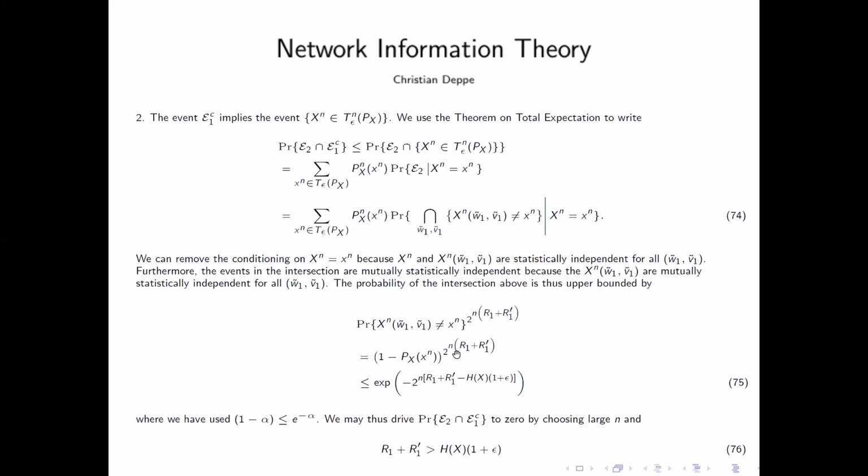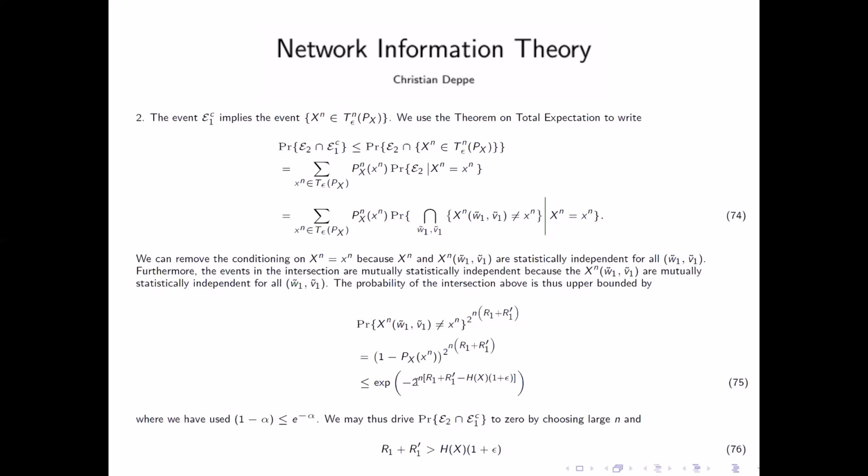Now we want to have this expression small. So if we can make this go to 0, then this probability goes to 0.